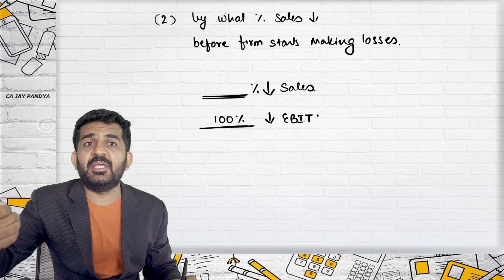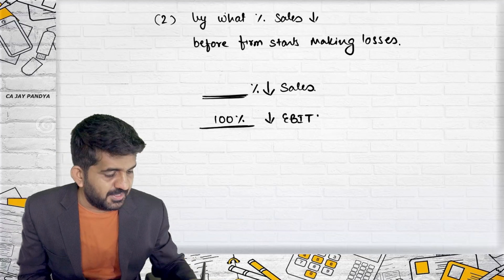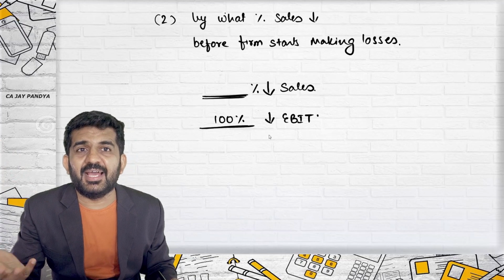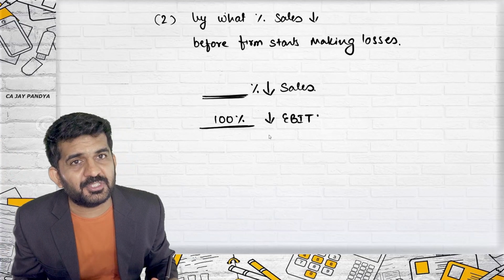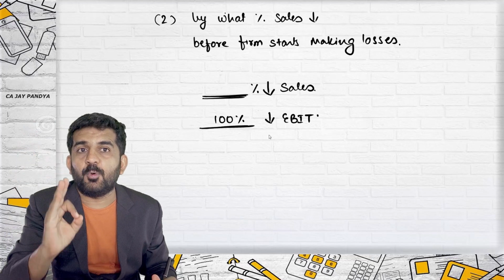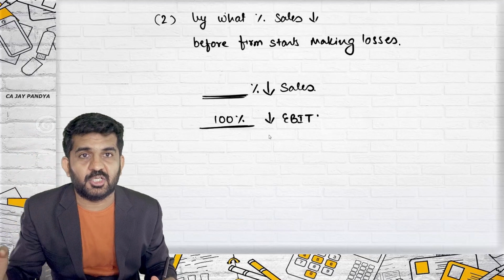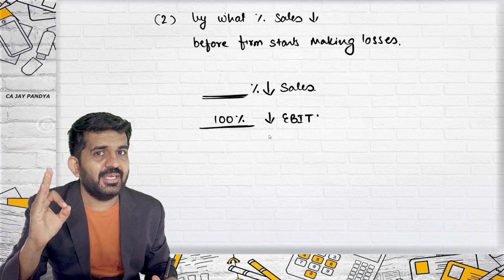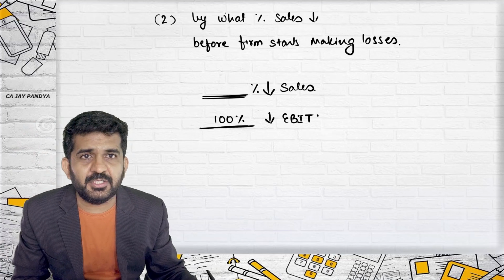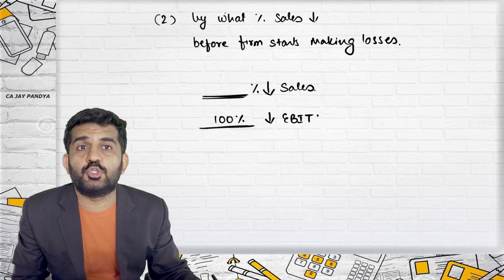When there will be a 100% decrease in EBIT, why 100% decrease? Any EBIT, if there is a 100% decrease, it will become 0. And I want the point at which I start incurring losses, so I want EBIT 0. So I want to decrease EBIT by 100%. How much should sales decrease?